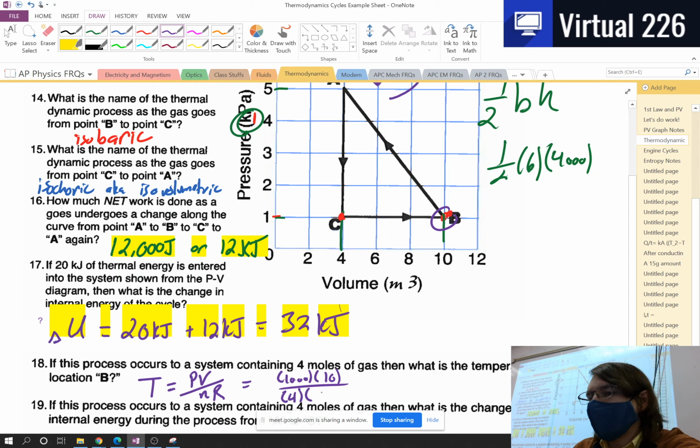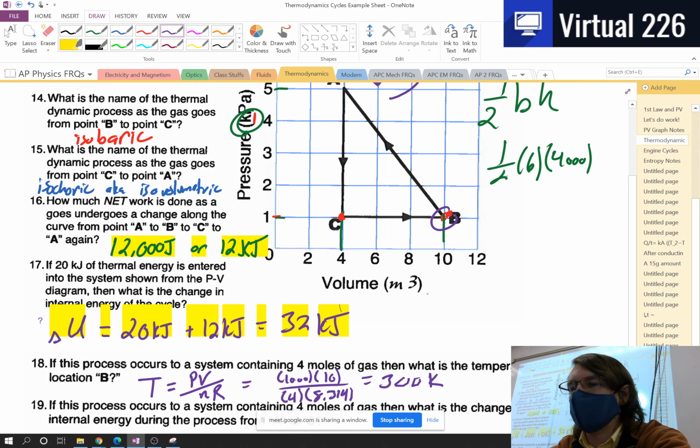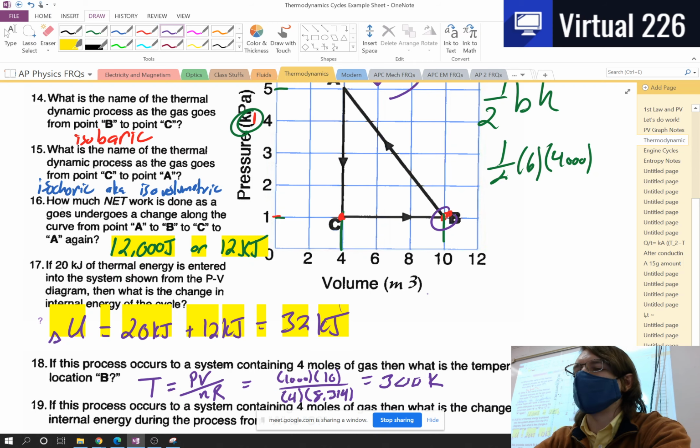And then our R value here for our SI units is 8.314. So that'll be 10,000 divided by 4 gives us 2,500, and then divided by 8. Oh, that's going to be a weird kind of number there, isn't it? Yeah, but it should be about 300. And that's 300 Kelvin. We are in kelvins for those values. For the delta T's, we don't care about Kelvin and Celsius, but we're looking for temperatures in and of themselves. They're going to come out as Kelvin.